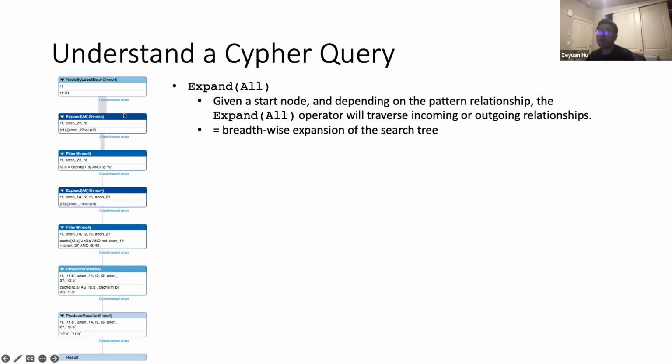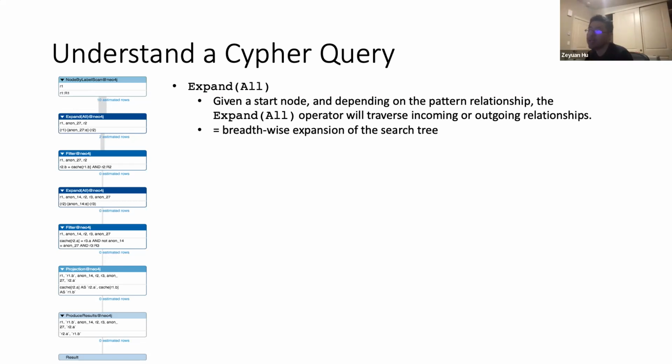Okay, so here we can see a bunch of nodes, and for instance, we have this expand all. Expand all is a physical operator inside Cypher, where given a start node, and depending on the pattern relationship, the expand all operator will traverse all the incoming or outgoing relationships. Here, relationship is the same as edges.